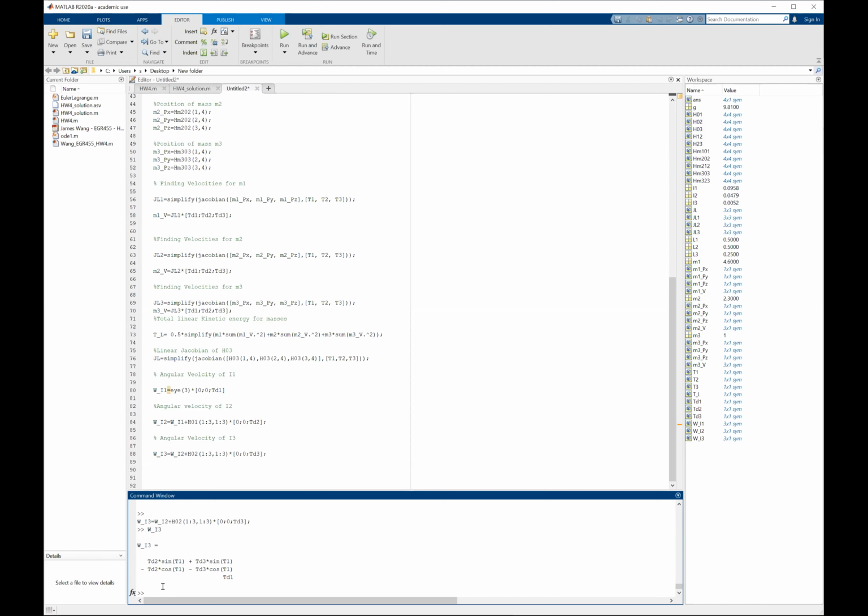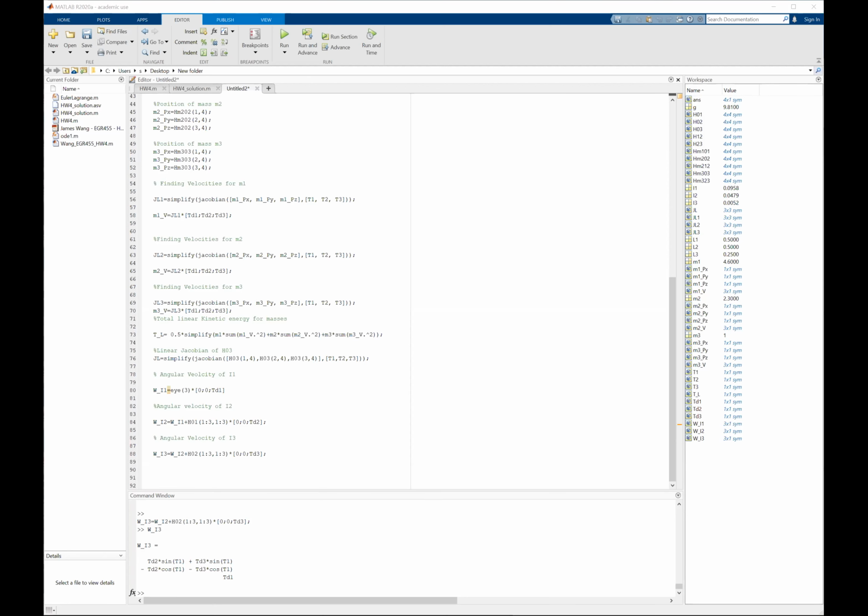Now what I want to do is extract the Jacobian matrix from this expression. I want to extract the Jacobian matrix from that expression. And MATLAB has a command for that, and the command is equationsToMatrix.